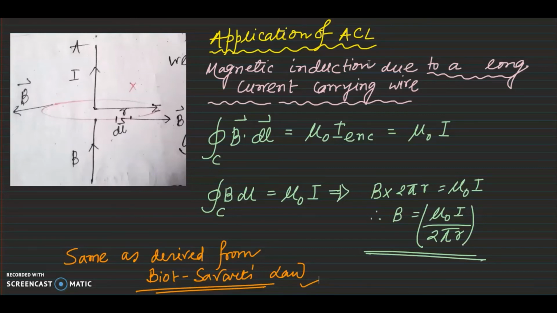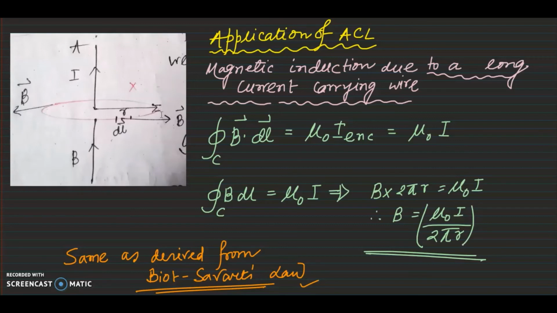This is the magnetic induction due to a long current carrying wire, which I have already calculated using the Biot-Savart law. Now we will see if we get the same result using the Ampere circuital law. AB is a long, infinite current carrying wire carrying a current I. We want to find the magnetic field at a point at a distance r from this wire.